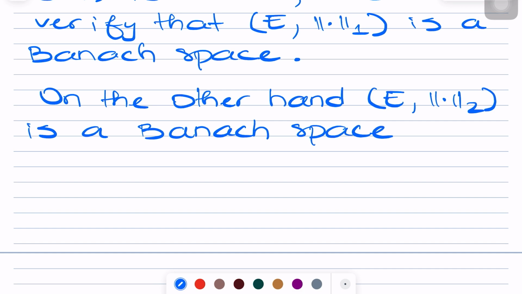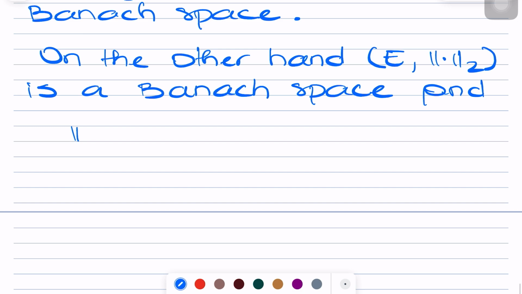And we have the following relation: the norm 2 of x is always less or equal than the norm 1 of x, the graph norm of x, for every x in E.